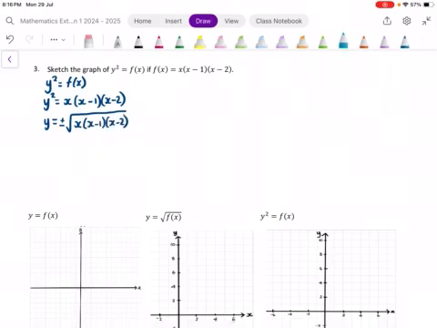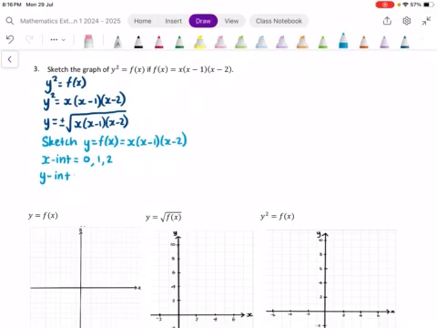So what we want to do first is sketch our original function on our first graph, which is x lots of x minus 1, x minus 2. This is a cubic polynomial, and we can see that our x-intercepts are 0, 1, and 2.